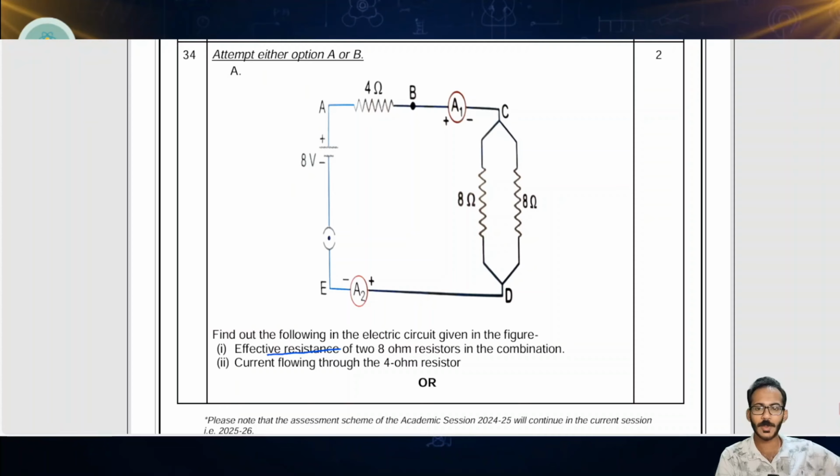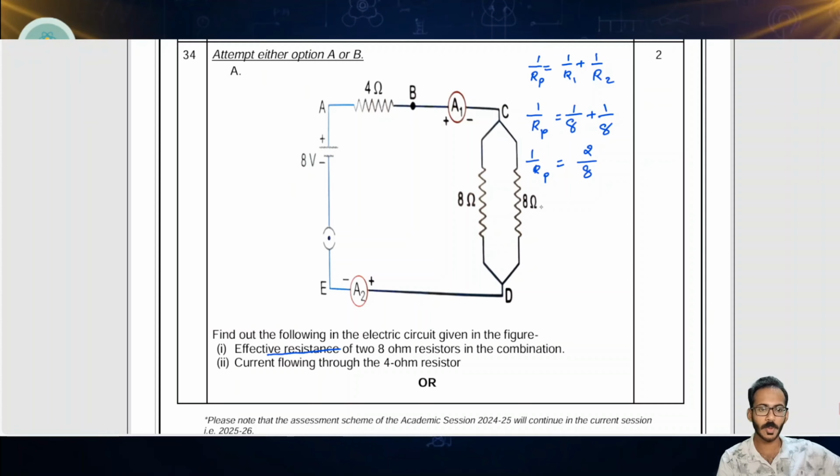So here we'll use the parallel connection equation. 1 by Rp is equal to 1 by R1 plus 1 by R2. So here 1 by Rp is equal to 1 by 8 plus 1 by 8. 1 by Rp is equal to 2 by 8.